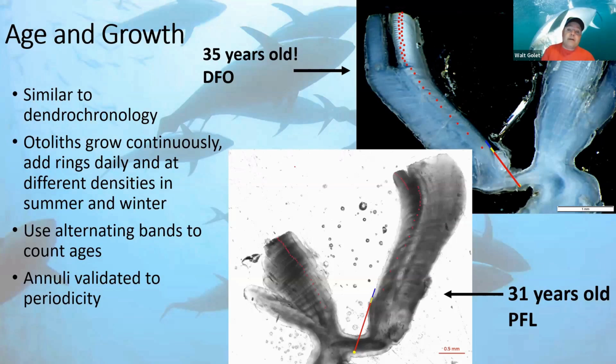And we've done validation studies on these, and so other people before our lab validated that each one of these increments does in fact represent approximately a year. Two of those bands is approximately 1 year. And so once you have that validated, then you can estimate them with more confidence. You can say, yep, every one of those red dots is 1 year of the fish's life.